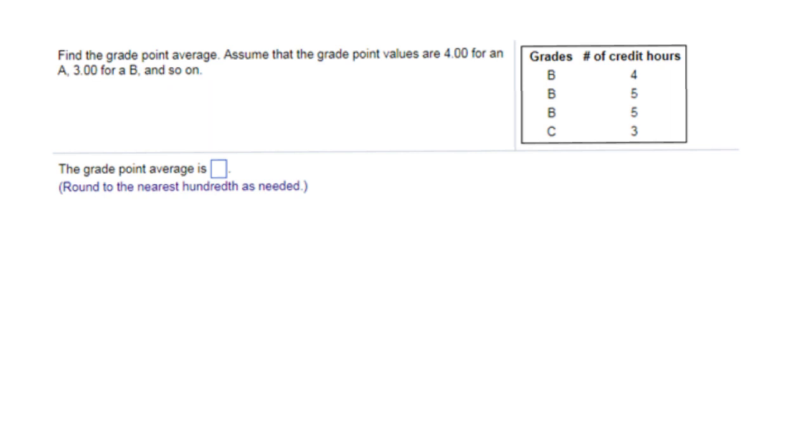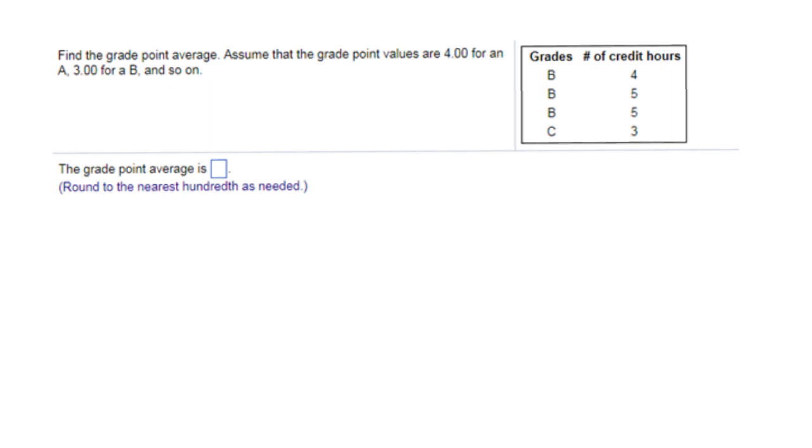When you do this, you're going to end up with 12, 15, 3 times 5 is 15 again, and 2 times 3 will give you 6. This column that you have now, these are the earned point values. So these are the point values that you earned with those credit hours.